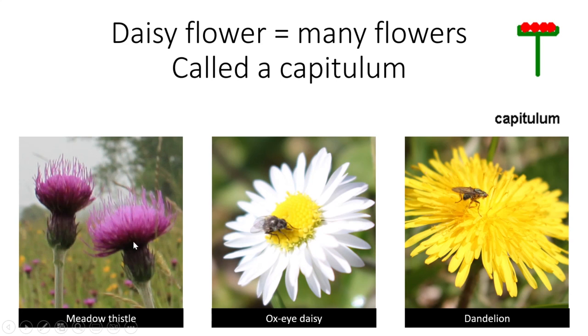On the left hand side here, we have the beautiful meadow thistle, and you can see all of those flowers that are grouped together. Here with the oxeye daisy, believe it or not, you actually have many flowers joined together around the outside and in the inside of the flower. And also the same with the dandelion. So capitulum, many flowers joined together into one inflorescence.